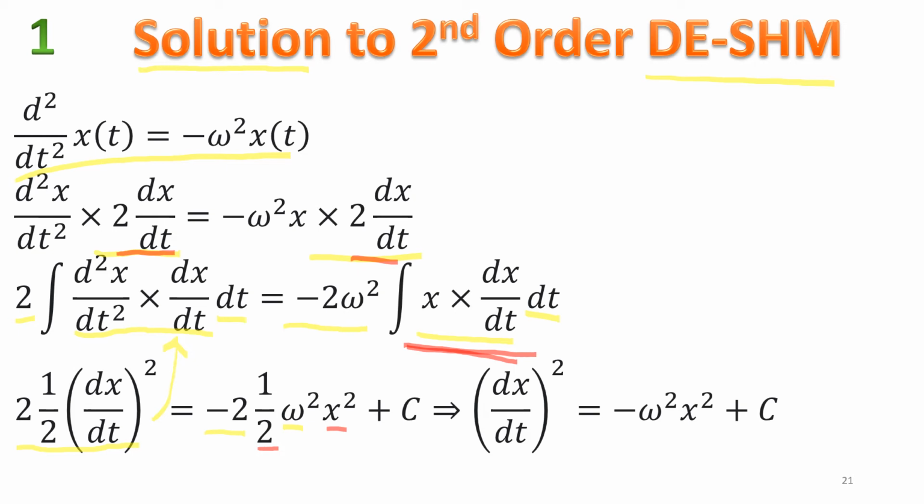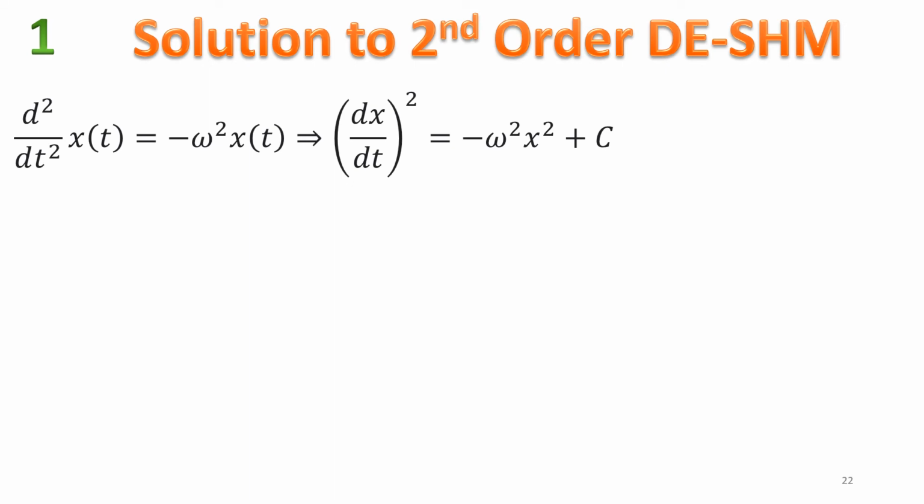So here we can rearrange this equation as dx by dt whole square is equal to minus omega square x square plus constant of integration. This plus c is appearing as constant of integration. Now here we have started with this equation, and then we have ended up with this equation.